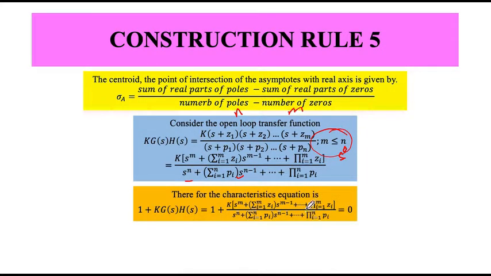So how does the characteristic equation look? The characteristic equation I am interested in is 1 plus kGH equals 0, which is what I am aiming to solve.